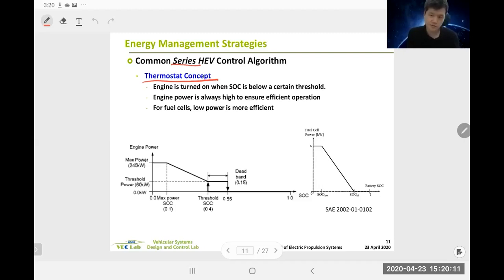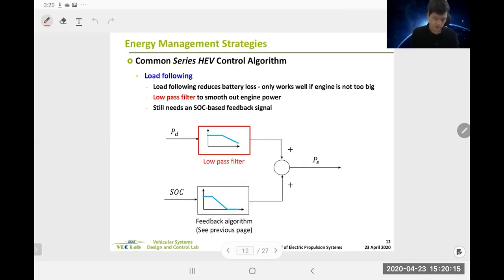not just fuel economy. Okay, and then there's this concept called load following.